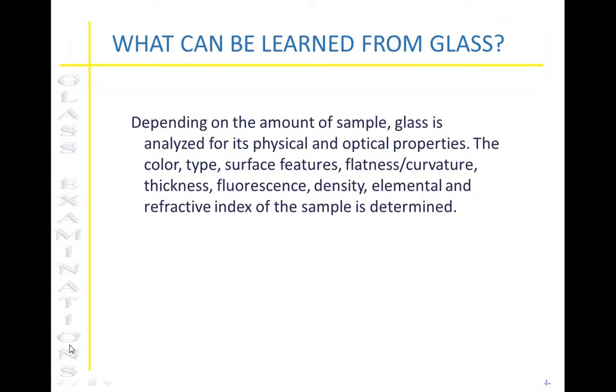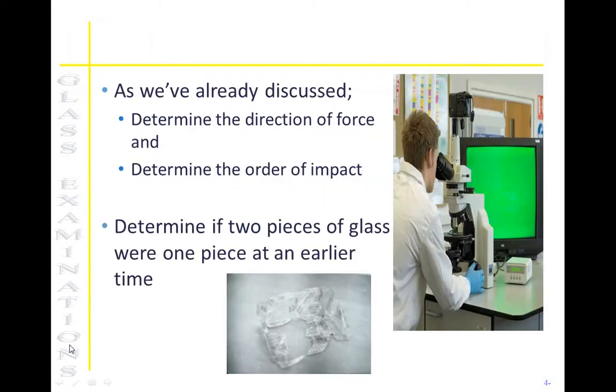But a lot of times the pieces are going to be a lot smaller, so we're going to be trying to work with the physical and optical properties of the glass itself. Things such as the color, the type of glass, surface features, flatness or curvature, the thickness, fluorescence, density, elemental, and also the refractive index of that sample itself.